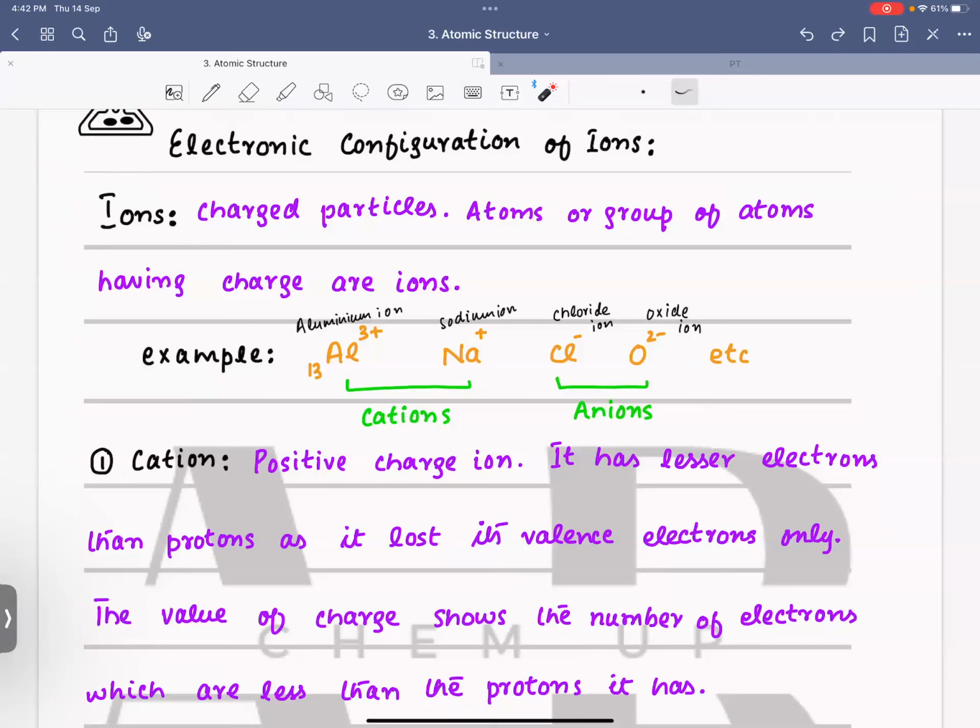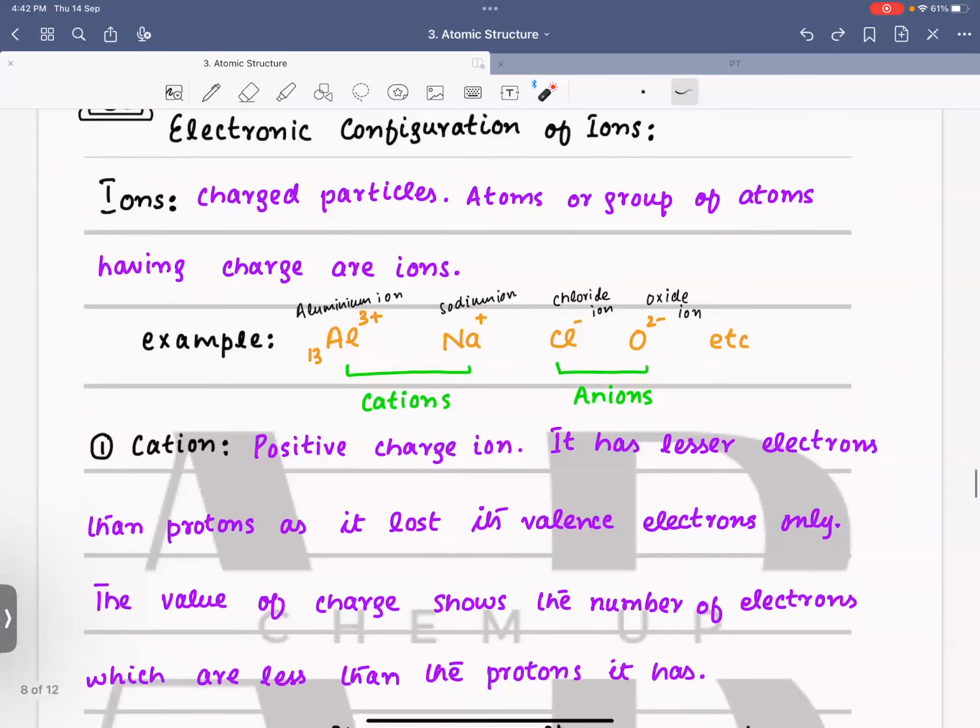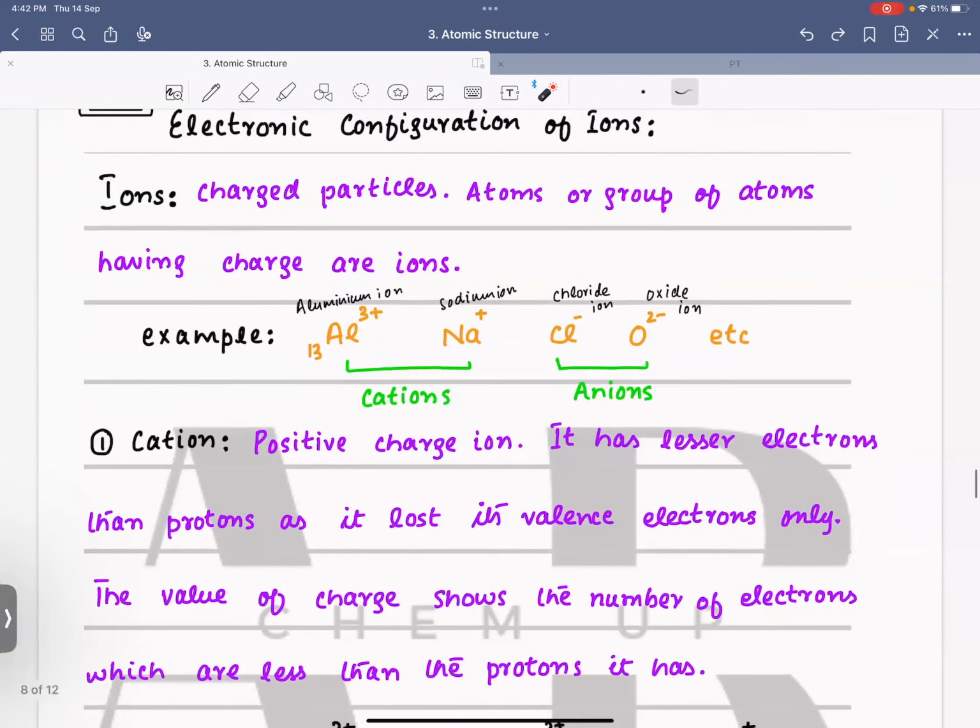So it means that it lost electrons, and the number of electrons lost is going to be figured out by the value of the charge. Is this understandable? Yes, Zainab.